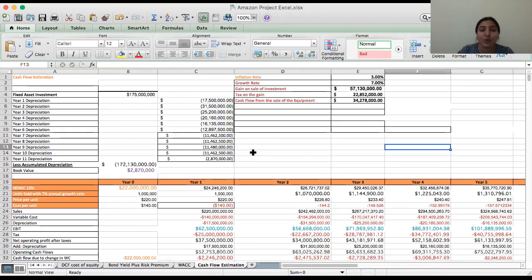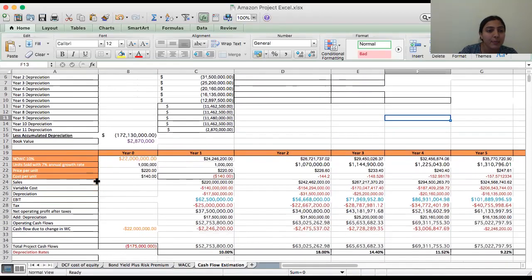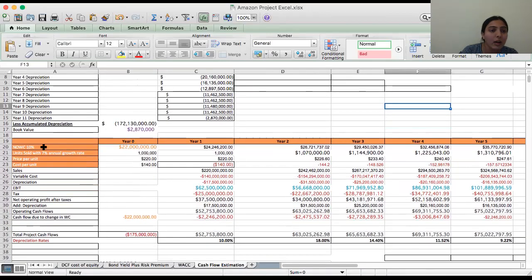For my cash flow estimation, I got my inflation rate and growth rate numbers from my professor, and I've applied them over here. Let me explain with the NOWC, net operating working capital. As instructed by my professor, I had to apply net operating working capital of 10% on my sales amount.